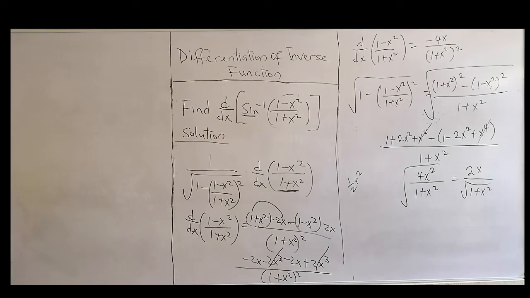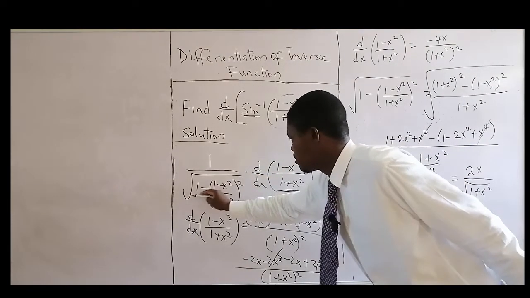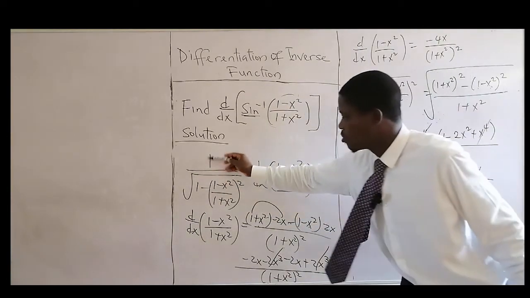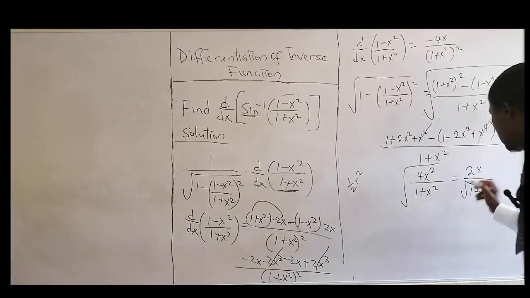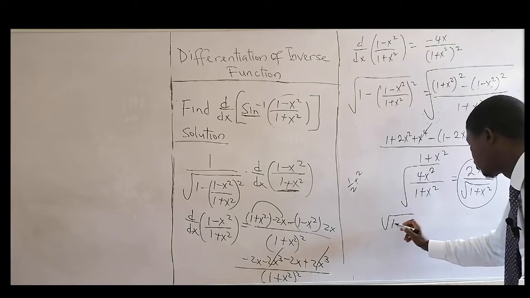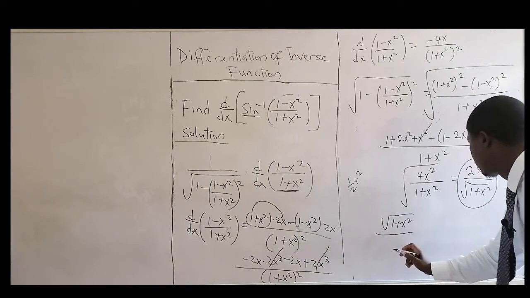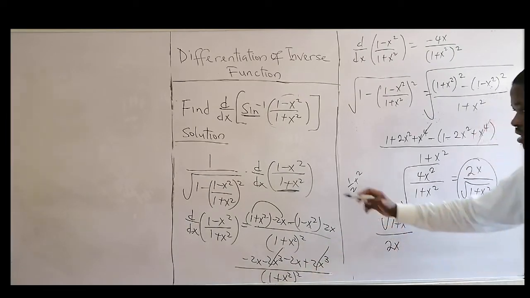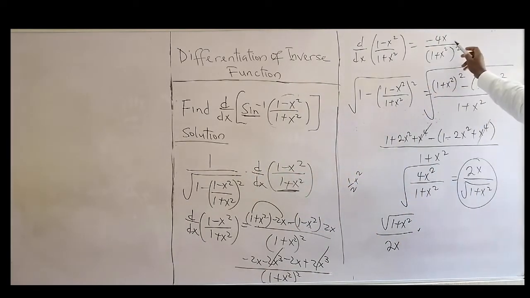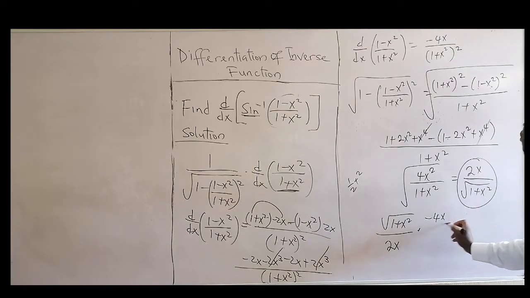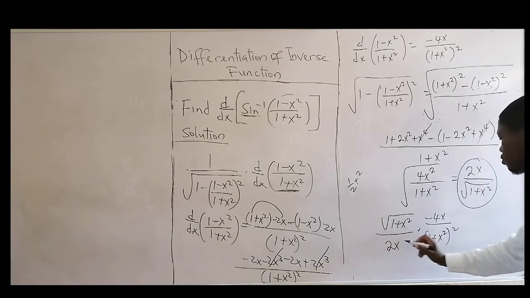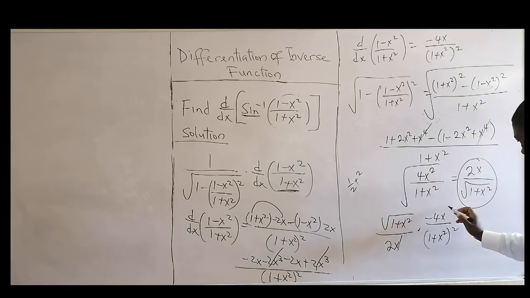We've done this expression of the radical here, which is this one. But don't forget there's 1 on top of that. So take the inverse of this, which will be equal to root 1 plus x squared all over 2x. Okay, you take the inverse of that, and then times the derivative we have here, minus 4x over 1 plus x squared all squared. So this one will cancel, this one will cancel.